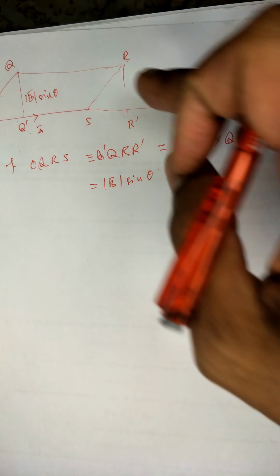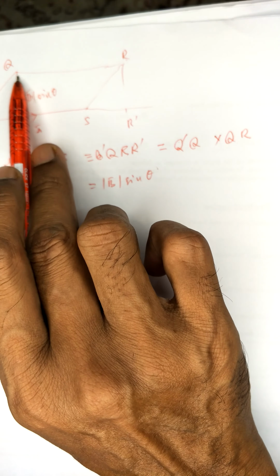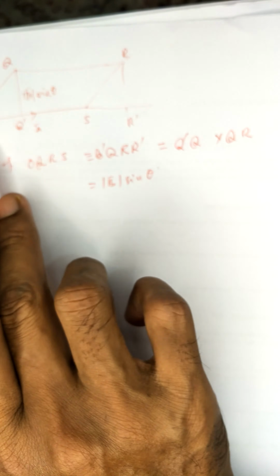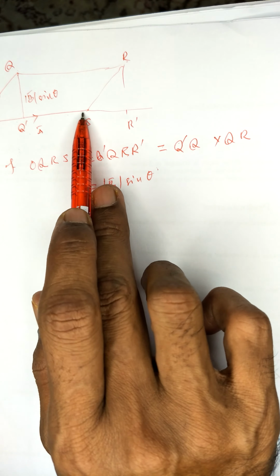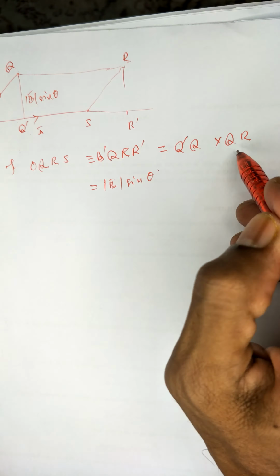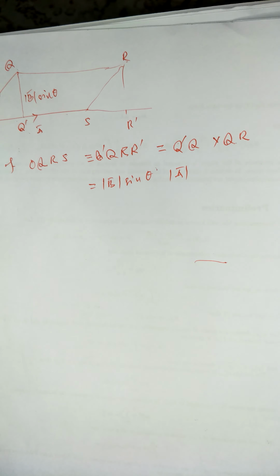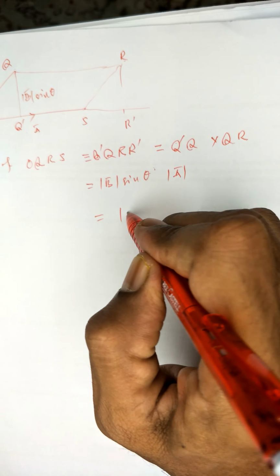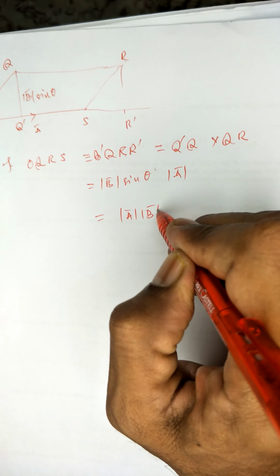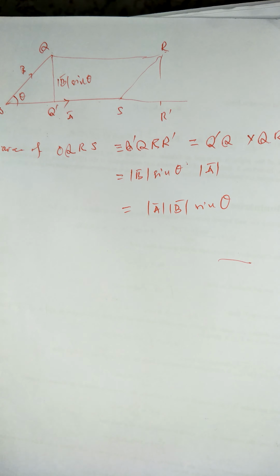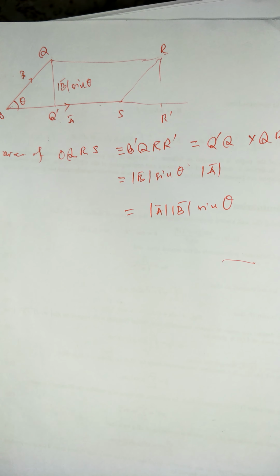QR is basically the length of vector A, the magnitude of vector A. So multiplying by the magnitude of A gives what I have shown you, magnitude of A, magnitude of B, sine theta. That's the area, the application of cross product.